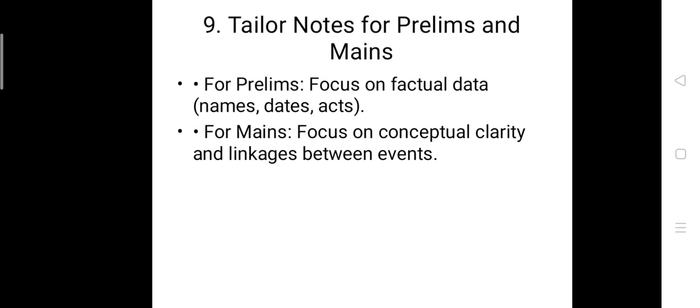But if you are going to attempt mains questions, you need conceptual clarity over that event or movement: why it happened, how it had an impact, and how it impacted people in terms of socio-economy and their livelihoods. This helps to attempt the mains questions.